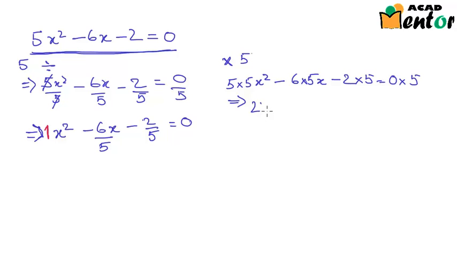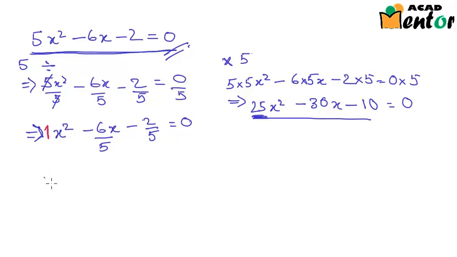So I would have 25x square. See, it's a perfect square. Minus 30x minus 10 equal to 0. So this is the equation that I have to solve. And it's nothing but same as this one. Just that the coefficient of x square here is a perfect square. So let me just try to solve this equation now.